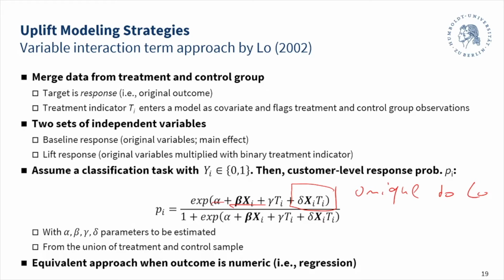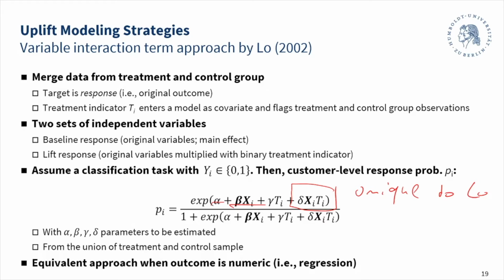This slide, here I was talking about how we do the estimation, how we find the parameters alpha, beta, gamma, and delta, which is essentially just regression. Here we consider the training data, and in the training data I assume that I know who was treated and who was not treated, because I gathered my data from a randomized controlled trial.